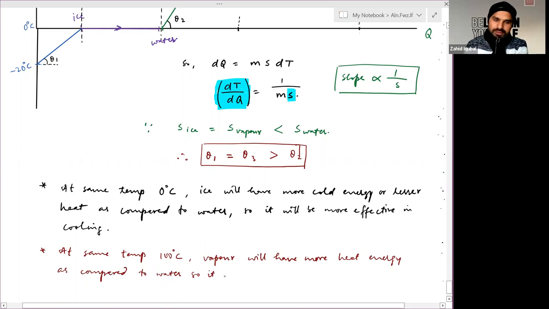So it can cause more severe burn as compared to water.